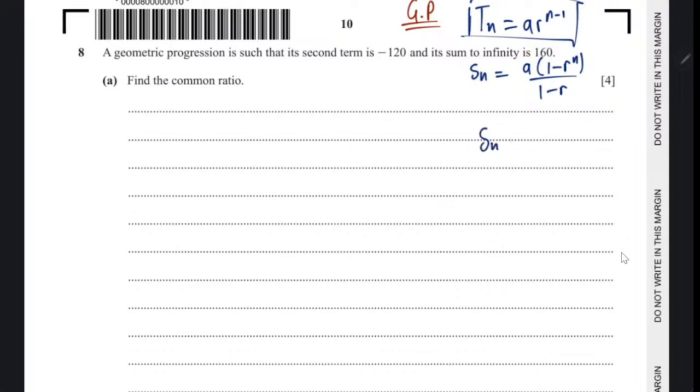So you know that Tn is a r to the power n minus 1. You know the formulas for sum. A multiplying 1 minus r^n over 1 minus r, that is if 1 is bigger than r. Then if r is bigger than 1, Sn will be a times r^n minus 1 over r minus 1.